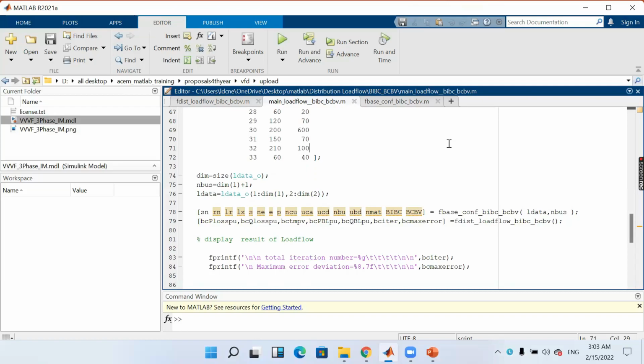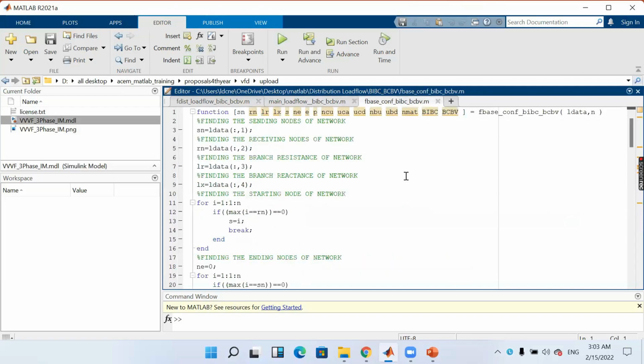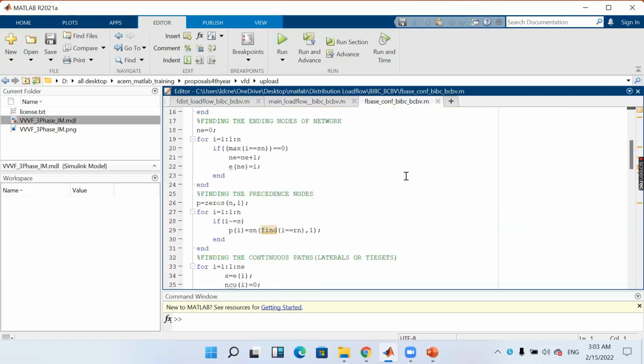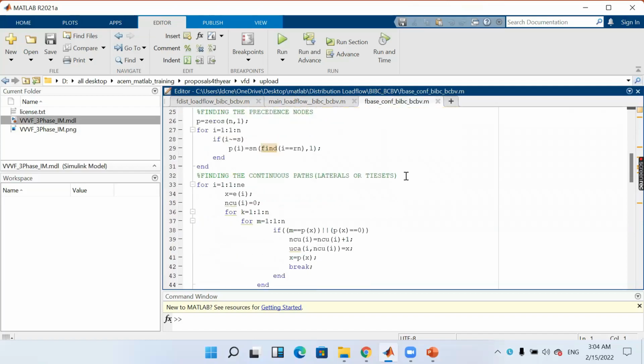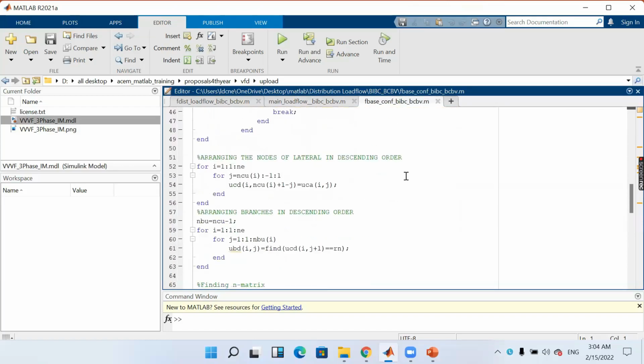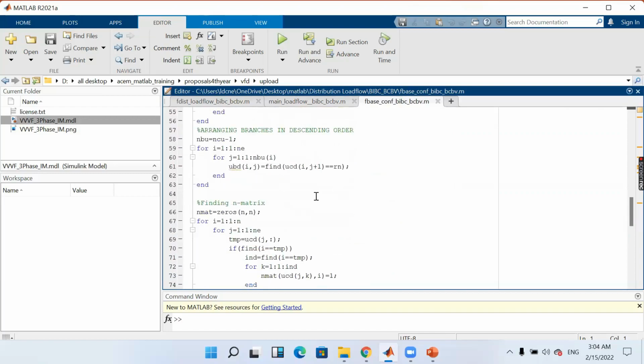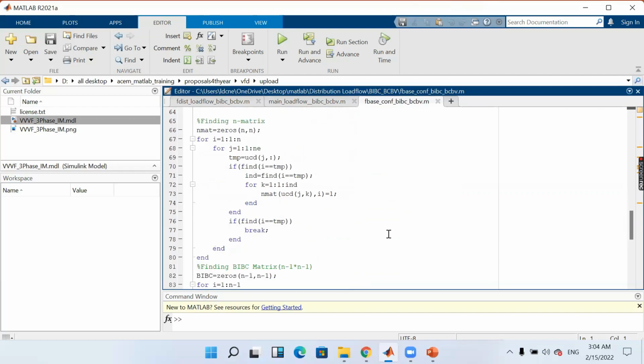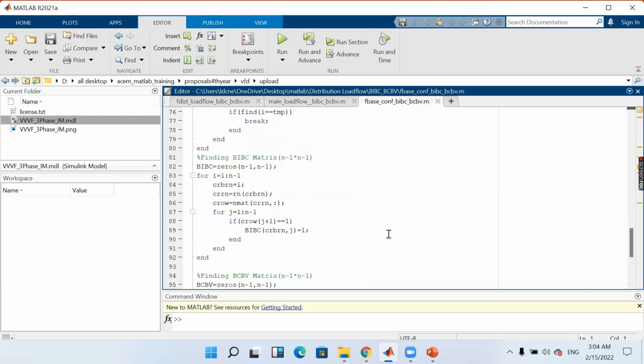First of all, I want to go to the base configuration one. Here all the things are similar up to the finding of the N matrix, and only two things are new here, that is finding the BIBC matrix as well as the BCBV matrix.